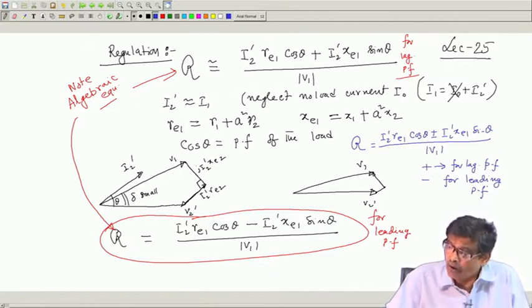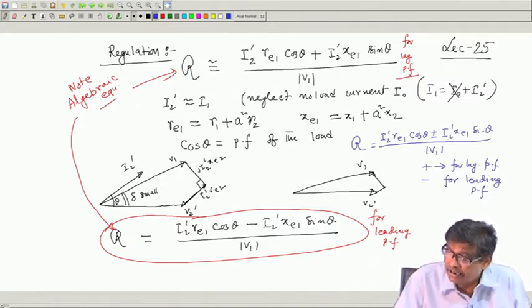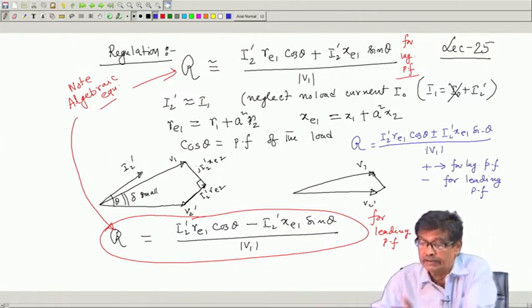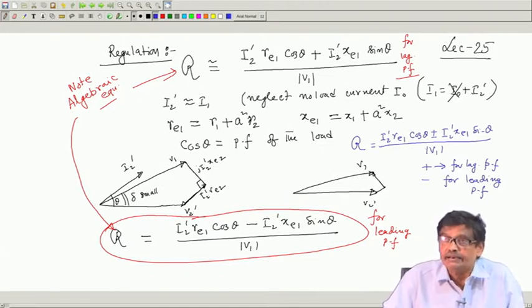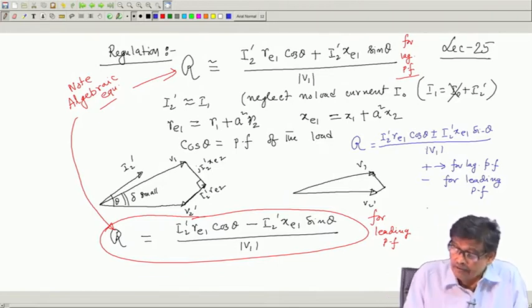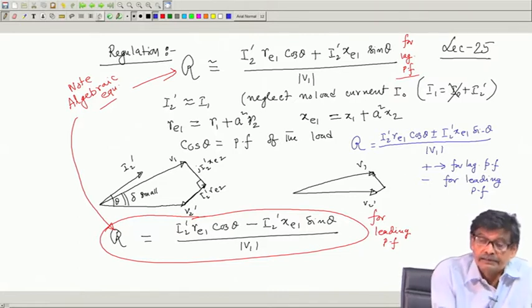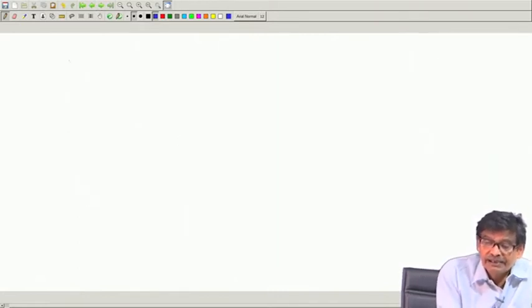After I get this expression, I will be able to transform it with respect to the secondary side as well, if I please. It will only take some time, but you must understand this one.